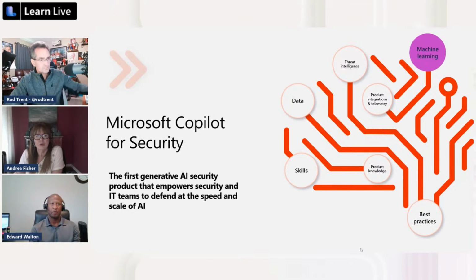Which is, we'll call the tagline, right? It's a generative AI security product that's going to help the security teams defend at the scale of AI, which I don't know that anyone really knows what that means. But the way that I think about it is that Copilot for Security is a force multiplier for your team.